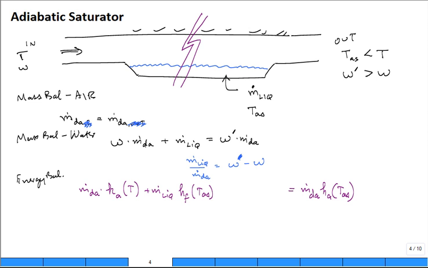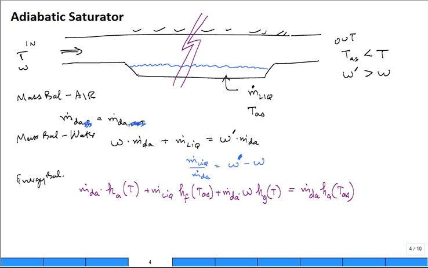And then we're going to have the mass flow rate of the dry air times omega. What is that? That's now the inlet vapor flow rate, true, coming in, and that's times h_g, and that h_g is at the temperature of it coming in.